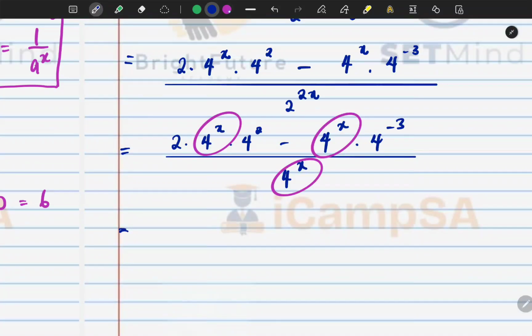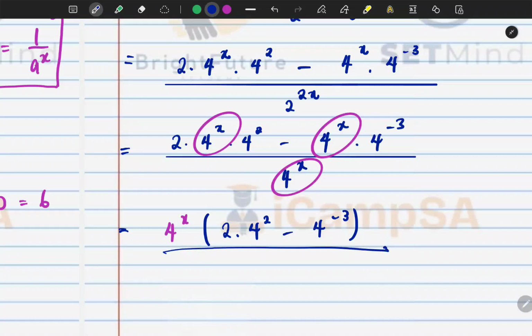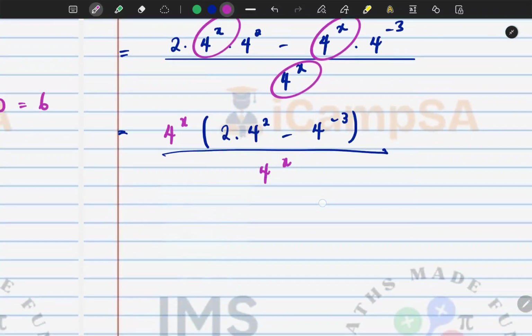When I factor them out, I'm going to have 4 to the power of x, and I'm left with 2 times 4 squared minus 4 to the power of minus 3, all over 4 raised to the power of x.